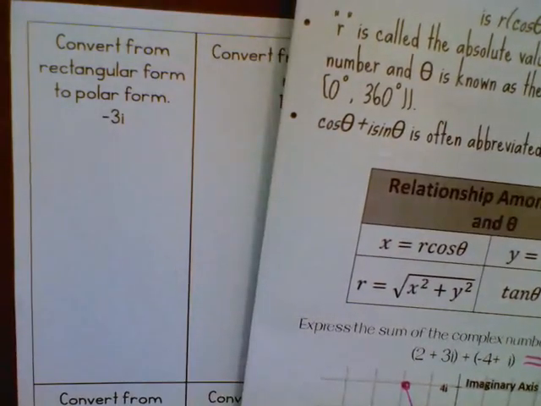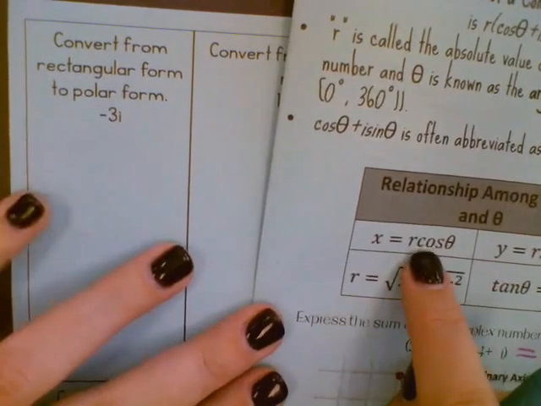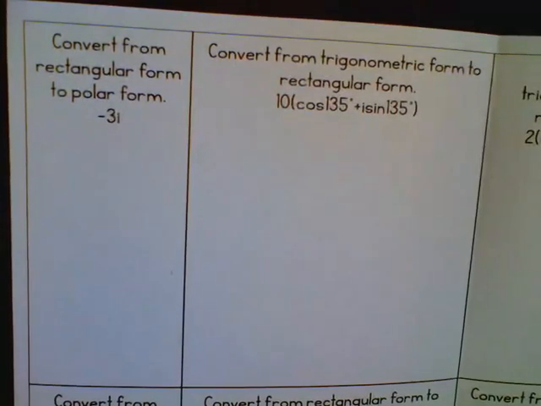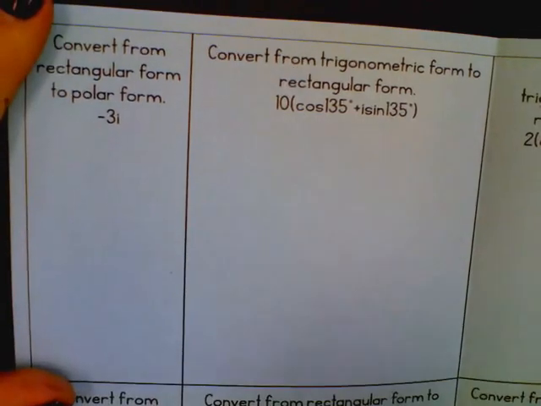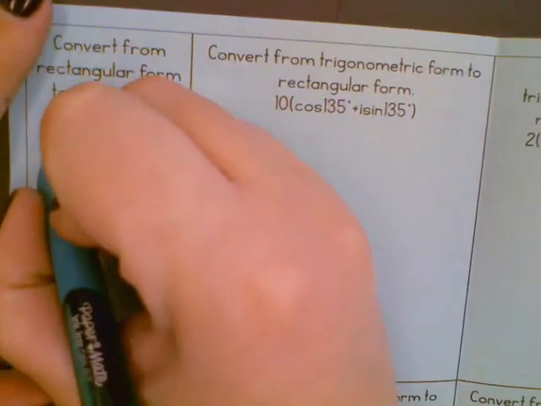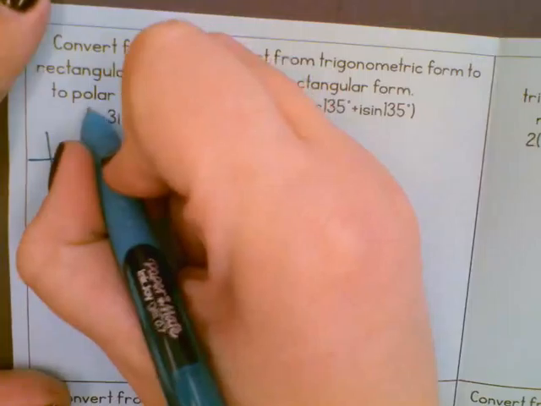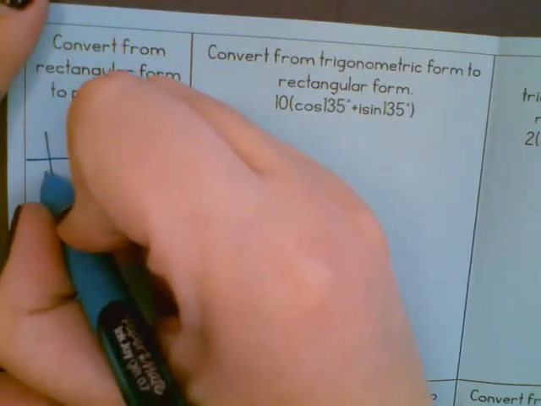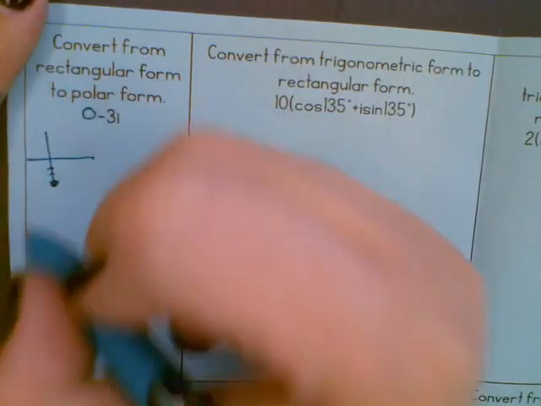So, excuse me, we need to find r and theta. One way to look at these is to think of what it would look like on the graph, which is why we're talking about the graph. Our real part is 0 and our imaginary part is -3i, so that would be down here.